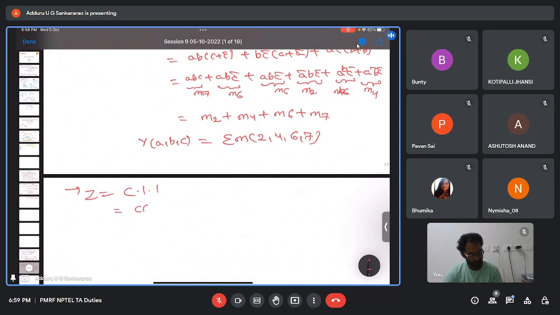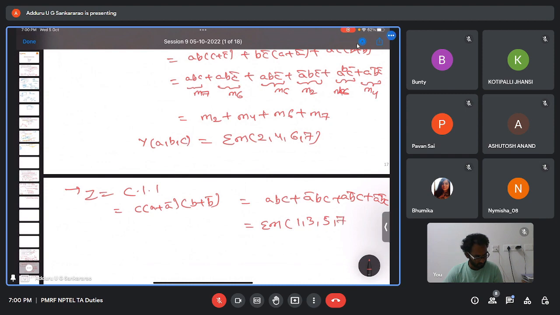Since A and B are missing, I'm multiplying with A plus A bar and B plus B bar. So I'm quickly writing here, you will get something like this: A B C plus A bar B C plus A B bar C plus A bar B bar C.